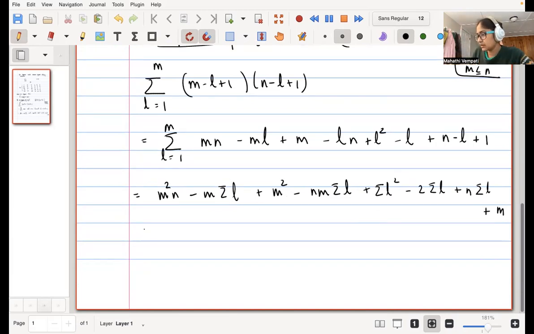Okay, let's finish this. That's fine. M squared n plus m plus m square plus sigma L square.